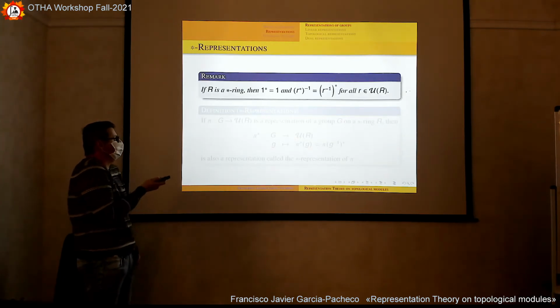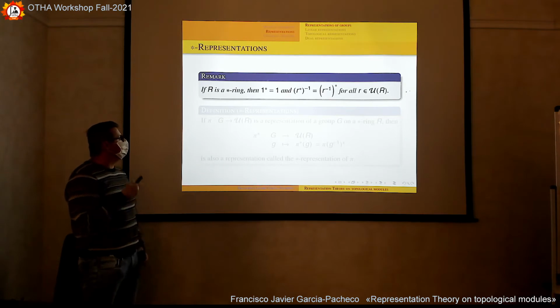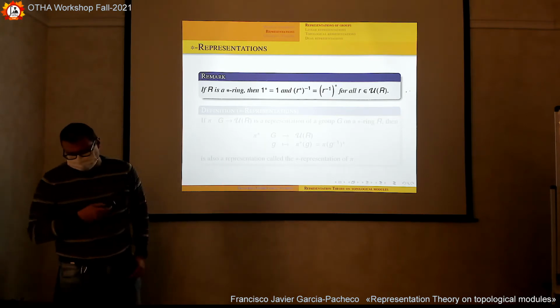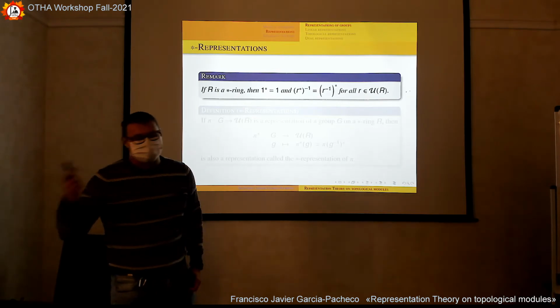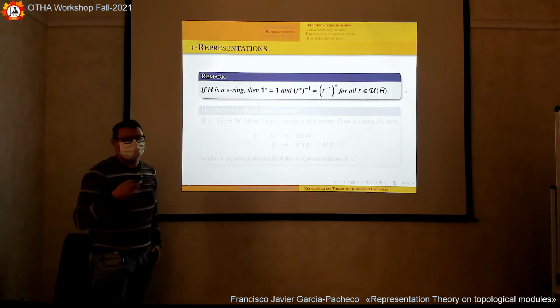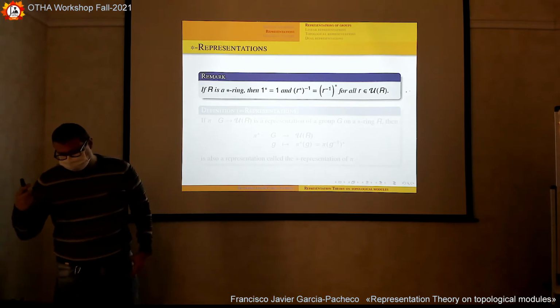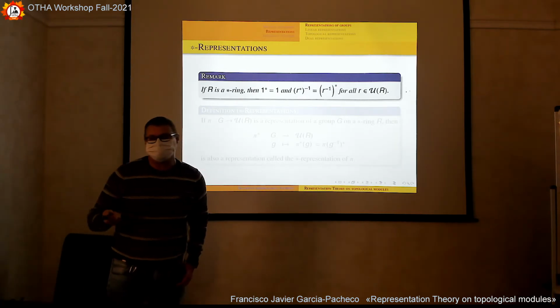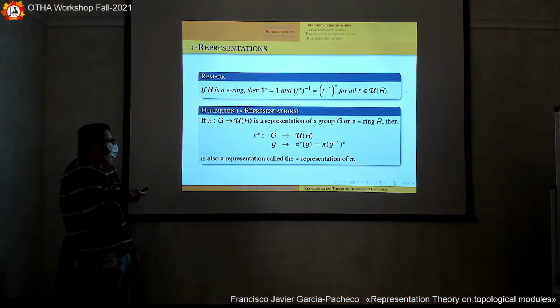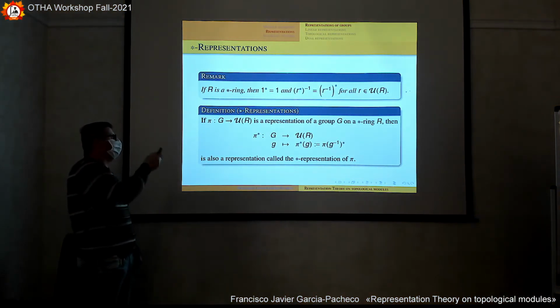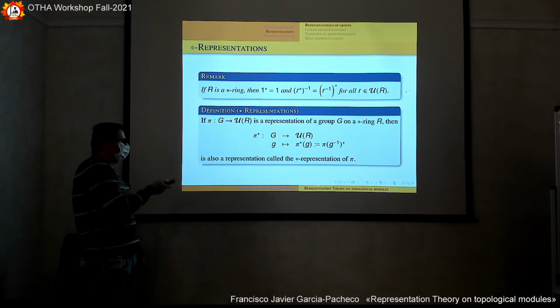This is just a simple remark which allows us to define star representations, which are the basis of the dual representations, which are going to be very important in order to accomplish complementation of the subspace of invariant vectors. So a star representation is a group representation on the group of invertibles of a star ring.